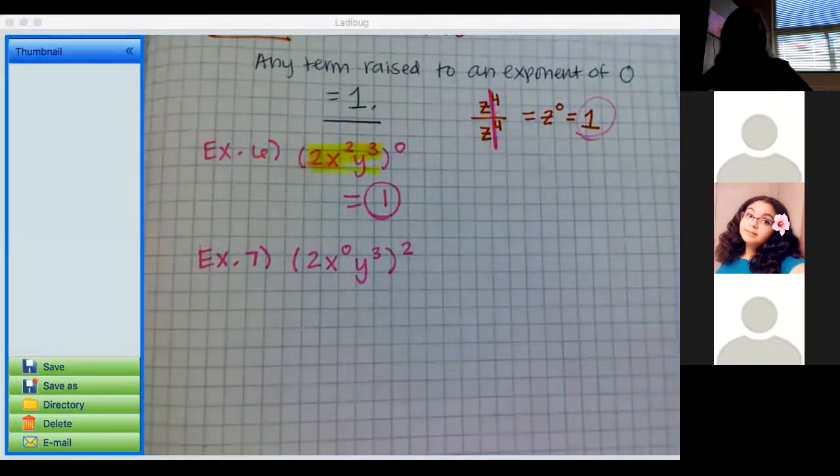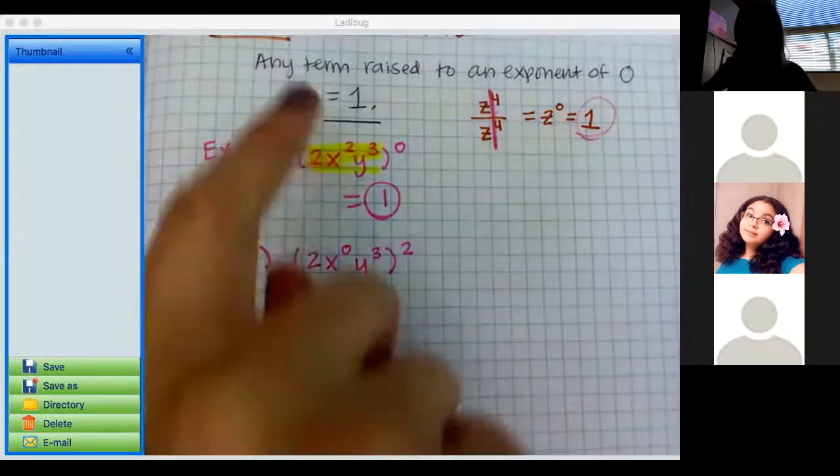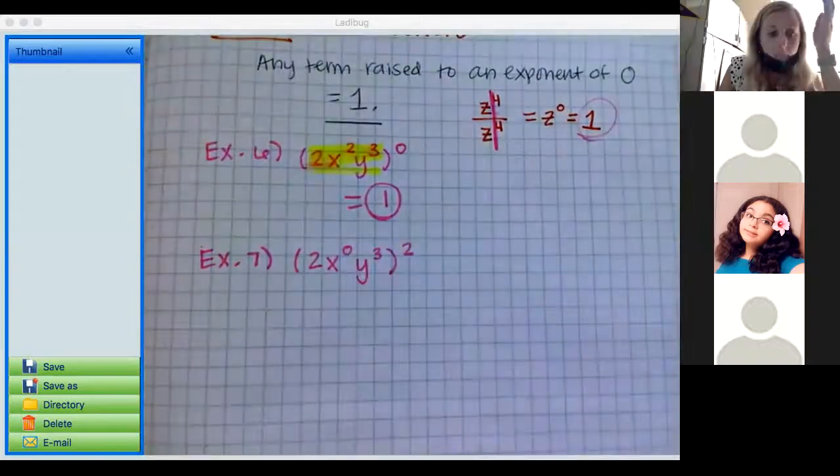Ready? All right. Which term, because this says any term, which term has the 0?